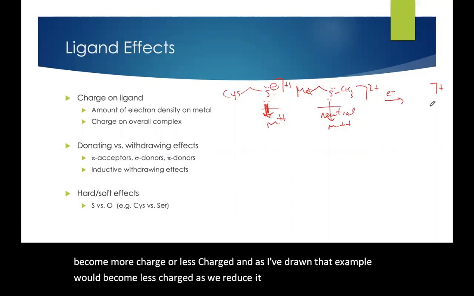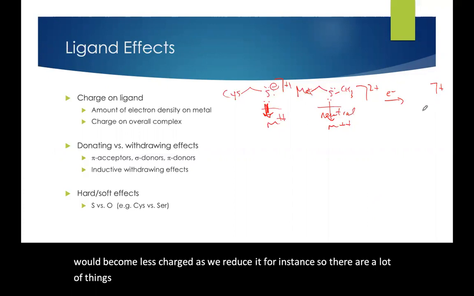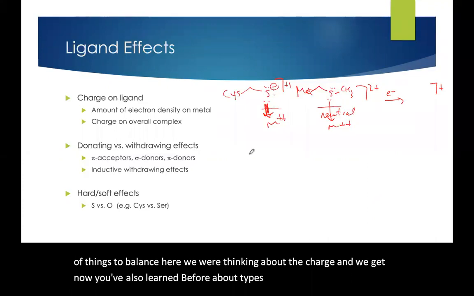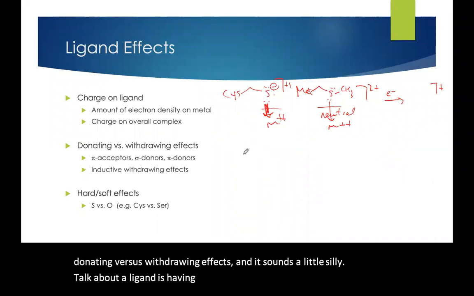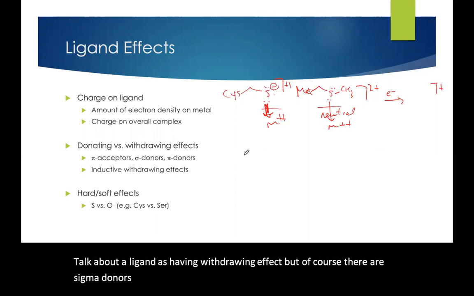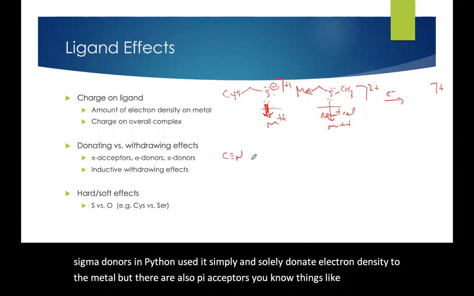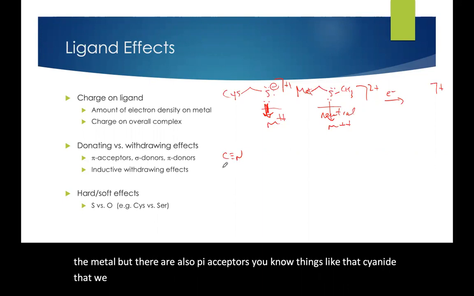So there are a lot of things to balance here when we're thinking about the charge and the ligand. Now, you've also learned before about types of ligand donors. And so I say donating versus withdrawing effects, and it sounds a little silly to talk about a ligand as having a withdrawing effect, but of course, there are sigma donors and pi donors that simply and solely donate electron density to the metal, but there are also pi acceptors, things like that cyanide that we saw in the other slide.